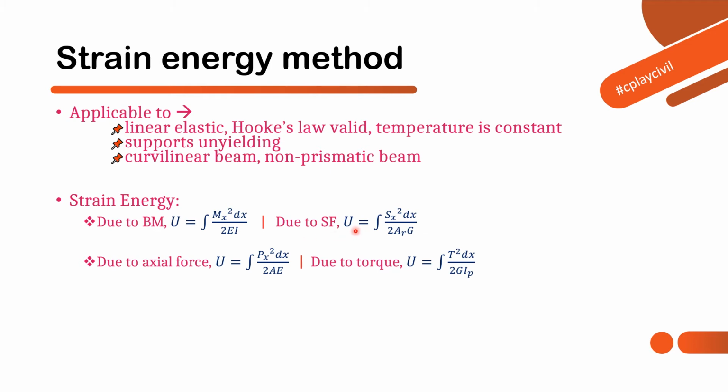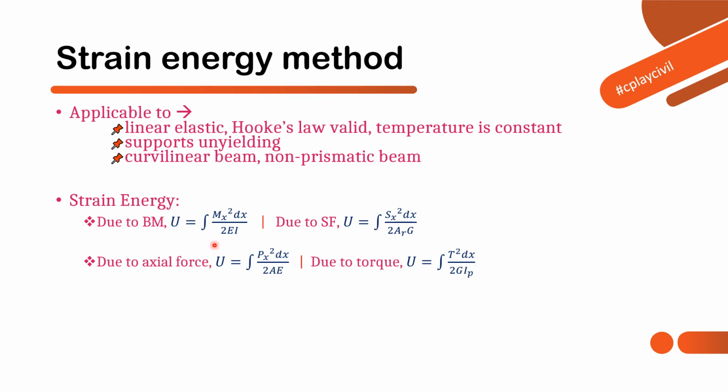So that is the formula due to shear force. And due to axial force, that is P, we have Px square dx by 2AE. Here AE is nothing but axial rigidity, EI is nothing but flexural rigidity. And due to torque, in the same way, T square dx by 2 G Ip, where Ip is the polar moment of inertia, or we can even denote this term as J, that is 2GJ.